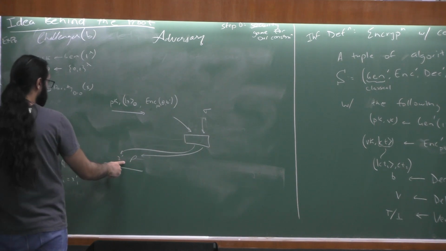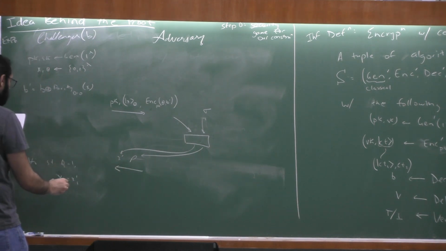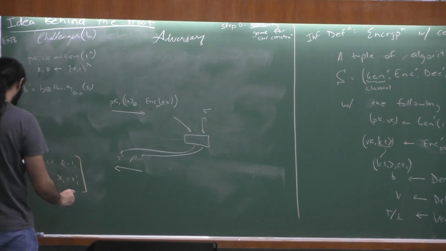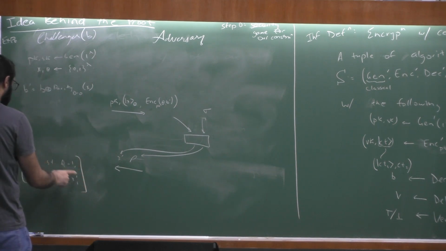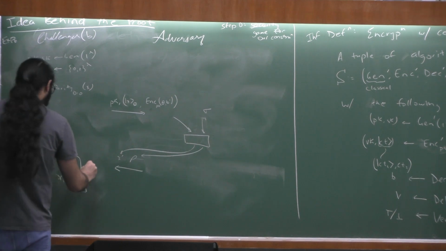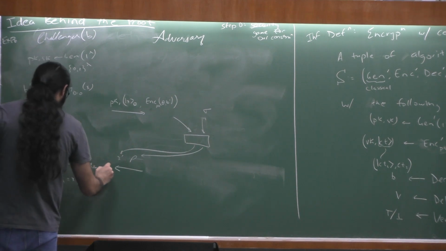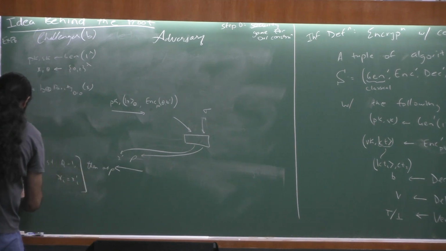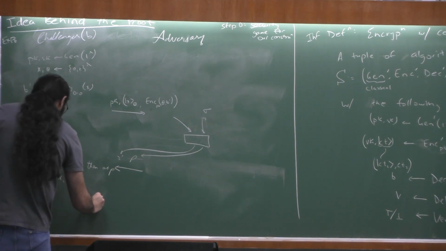Okay, so x prime is the string that is sent by the adversary as a certificate of deletion. And you check it against the x that you had chosen. So if this passes, then output rho. Else you output perp.